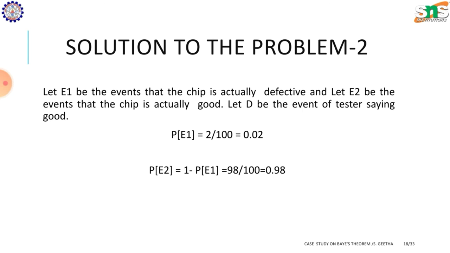Therefore, P of E1, that is the probability that the chip is actually defective, is equal to 2 by 100, which is equal to 0.02. Next, probability of the event that the chip is actually good, P of E2, is nothing but 1 minus P of E1, which is equal to 98 by 100, which is equal to 0.98.